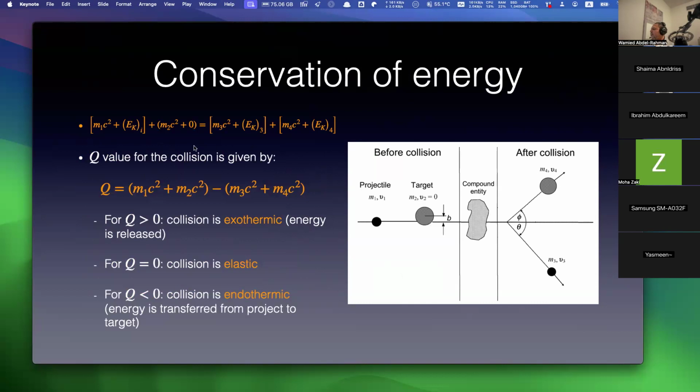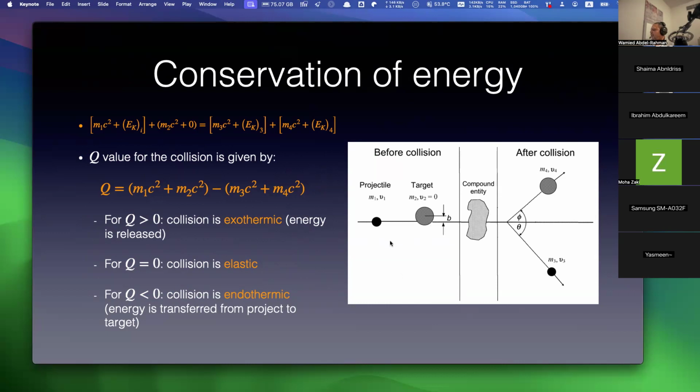Conservation of energy. Again, we apply the same principles. We look at the total energy of the particles before the interaction. This should equal the total energy after the collision.